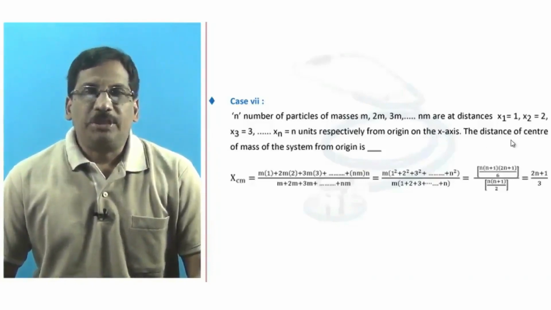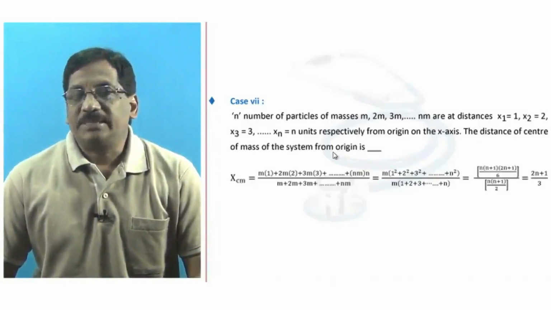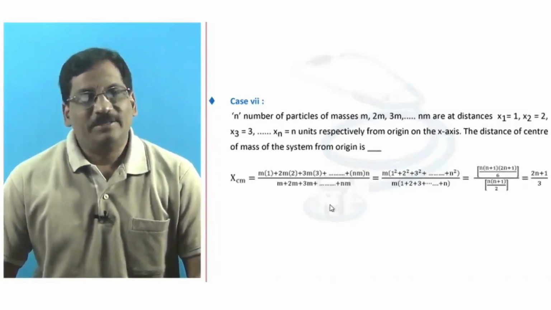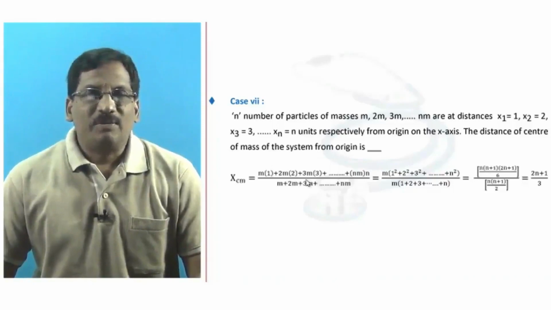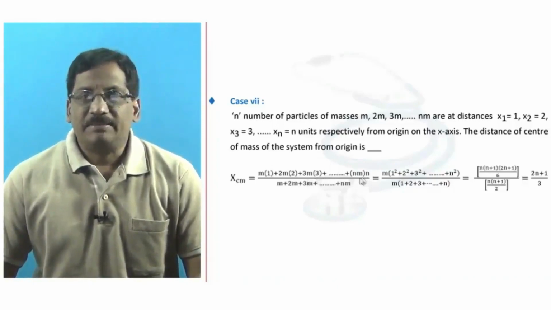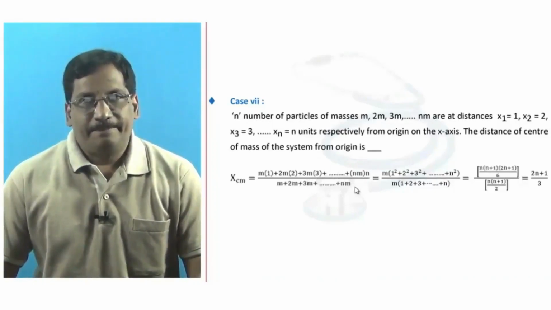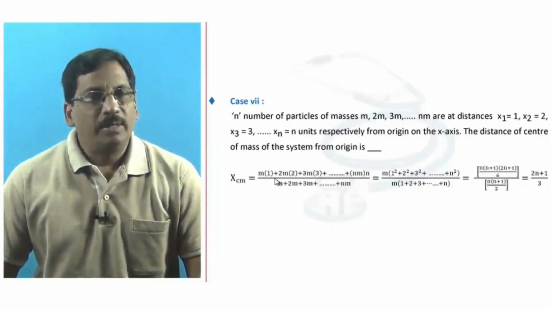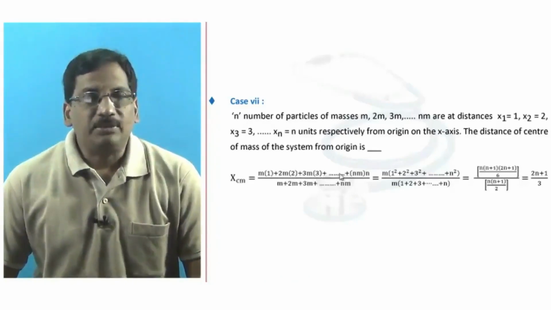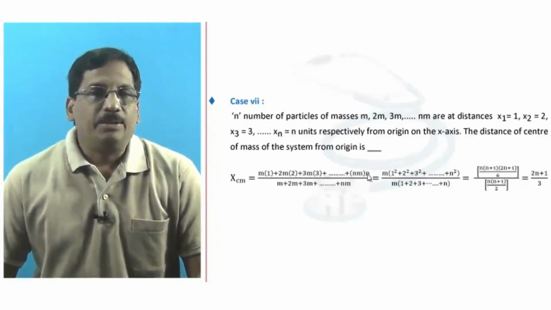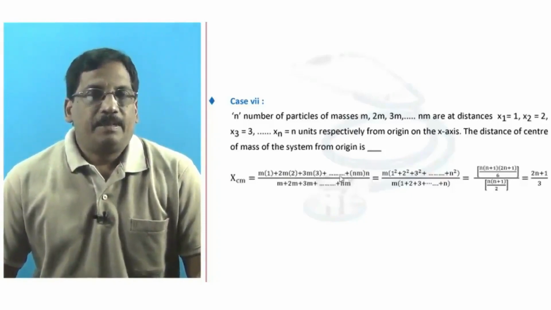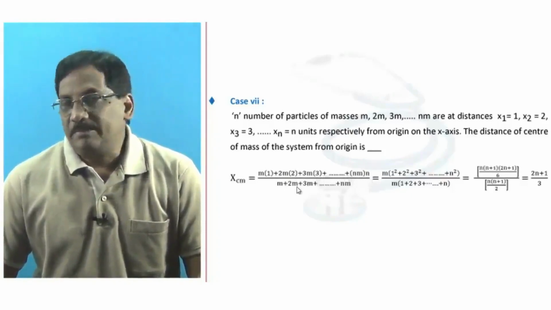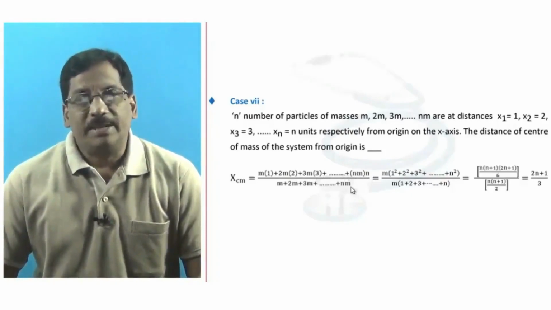Now the position of the center of mass measured from the origin is, again by the same rule, m1x1 plus m2x2 plus so on plus mnxn divided by m1 plus m2 plus m3 and so on plus mn. So we substitute the values: m into 1 plus 2m into 2 plus 3m into 3 and so on plus nm into n, divided by the sum of the masses m plus 2m plus 3m and so on plus nm.